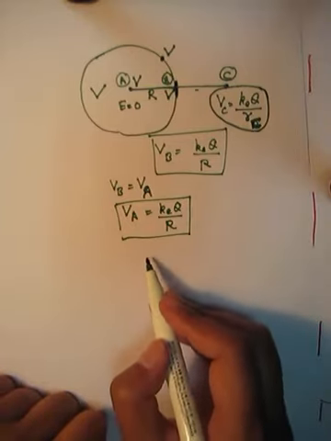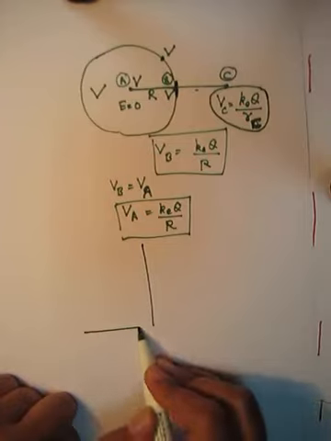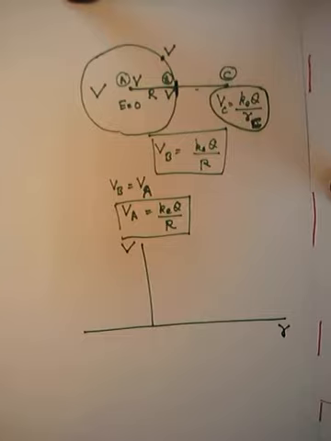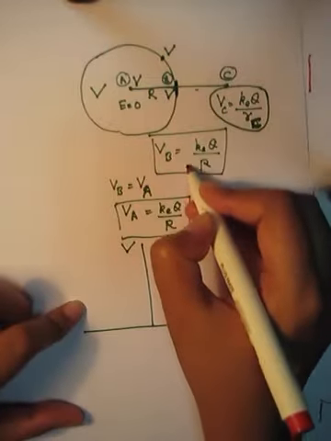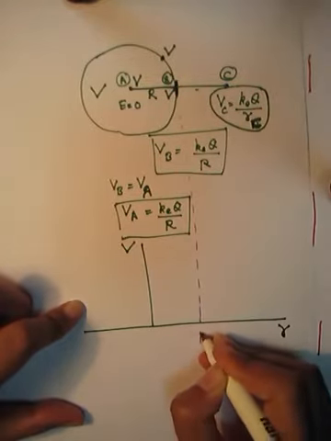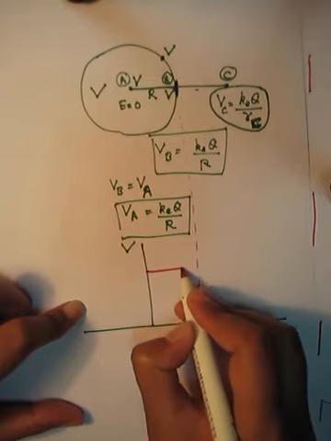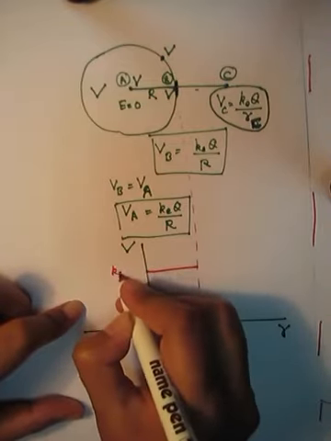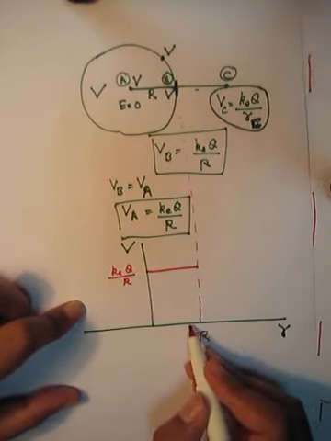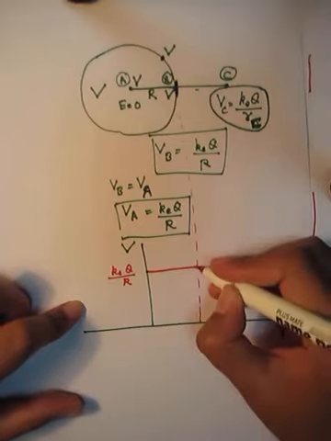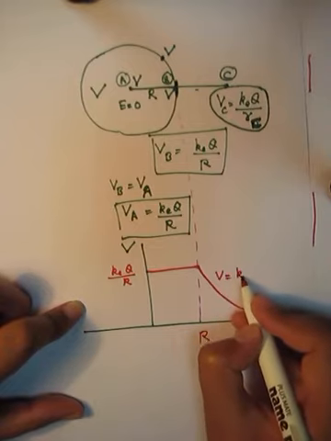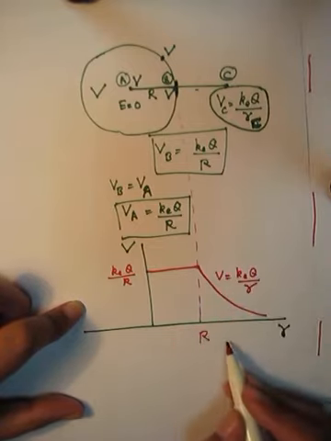So if I have to plot this, potential versus small r, this is capital R. The potential will have a constant value, Keq upon R, inside the conductor and on the conductor. And as you move away, it will decrease with r.